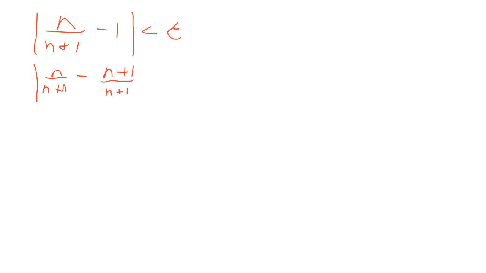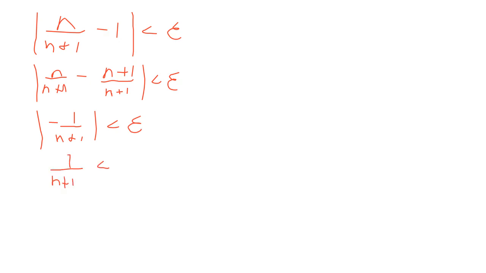Let me show you something right here. If I had a whiteboard, I would have worked it out like this. n over n plus 1 minus 1, and you work it out, this gives you negative 1 over n plus 1. That's an epsilon, which is 1 over n plus 1.